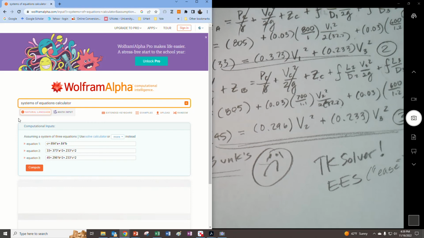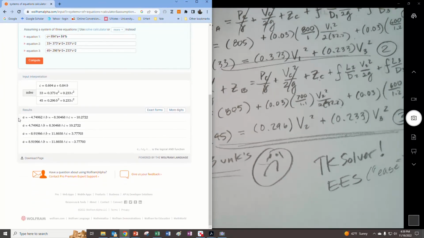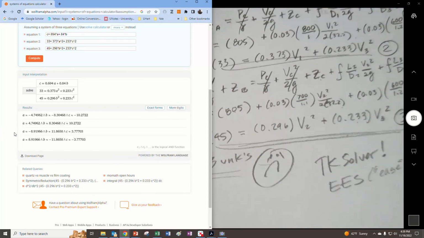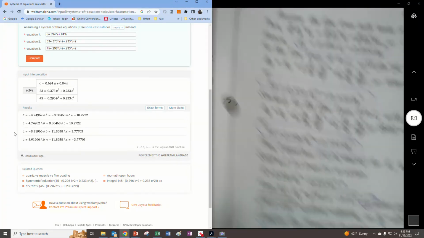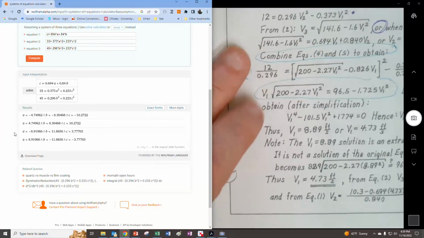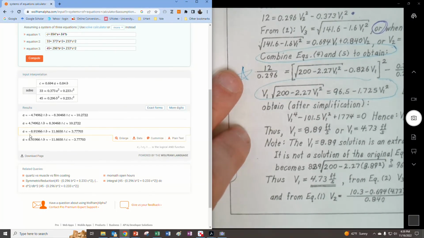Computing, thinking, and it has given us several options that could possibly exist. If we go back through the solution right here, we might have to check each of these to see if they're logical.